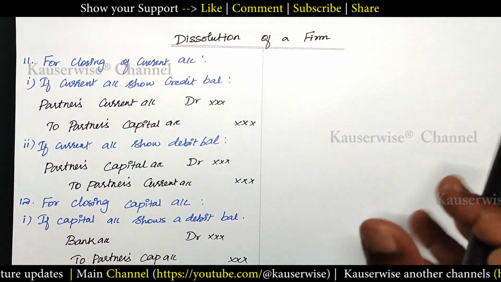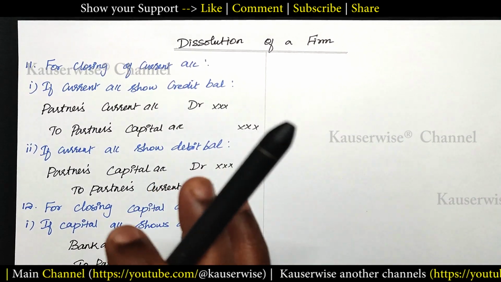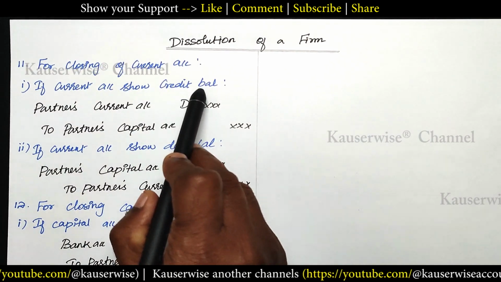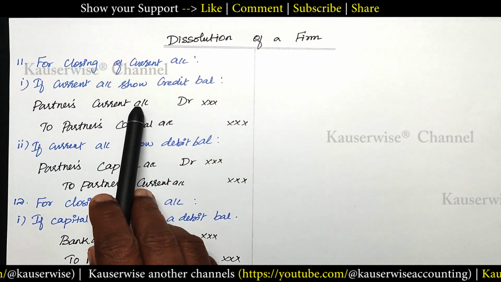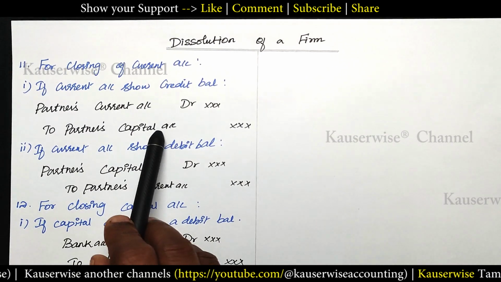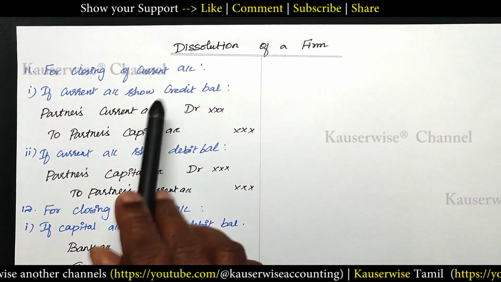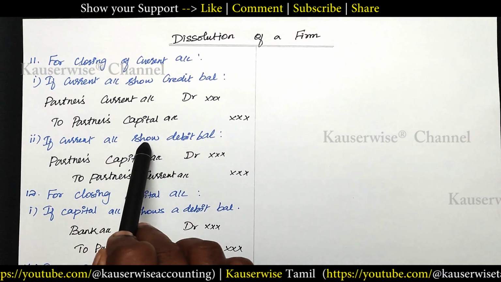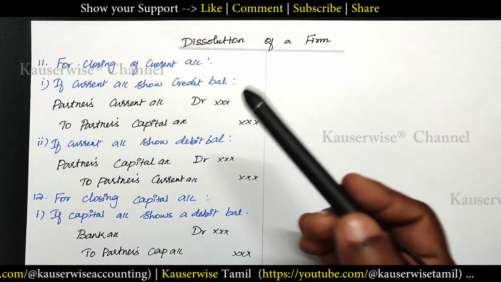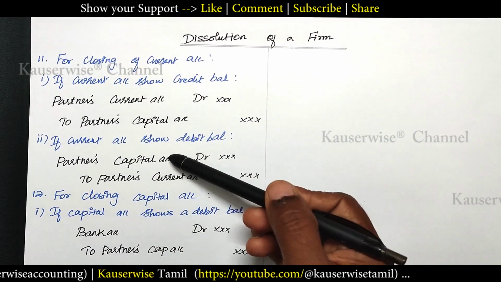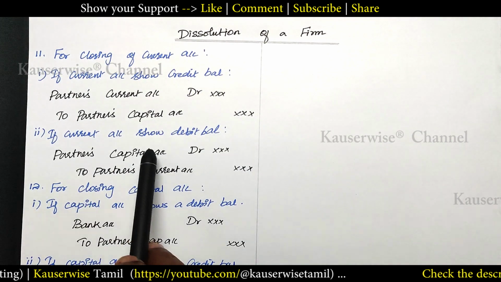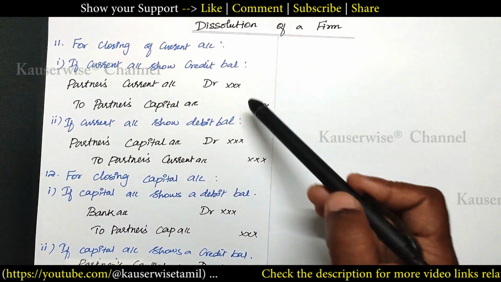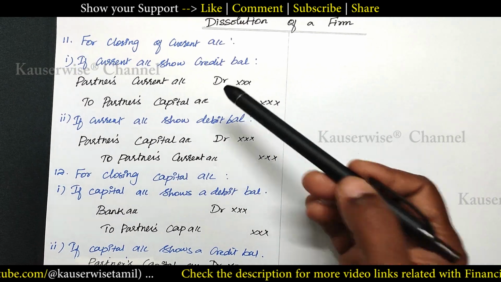The credit amount is more than the debit side, so you will get the balancing figure under the debit side, and that is called credit balance. So what is the entry? Partners current account debit to partners capital account. Whatever amount you get, that balance will be transferred to partners capital account. In the same way, if the current account shows the opposite, that is a debit balance, then the amount is also transferred to partners capital account, just a reverse entry: partners capital account debit to partners current account. Finally, after closing the current account, the balance will be transferred to the capital account.